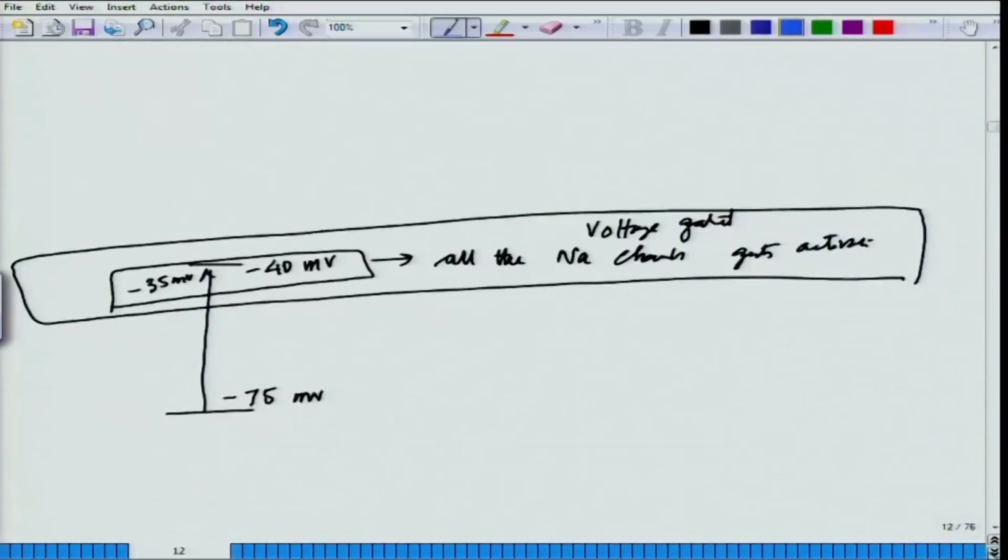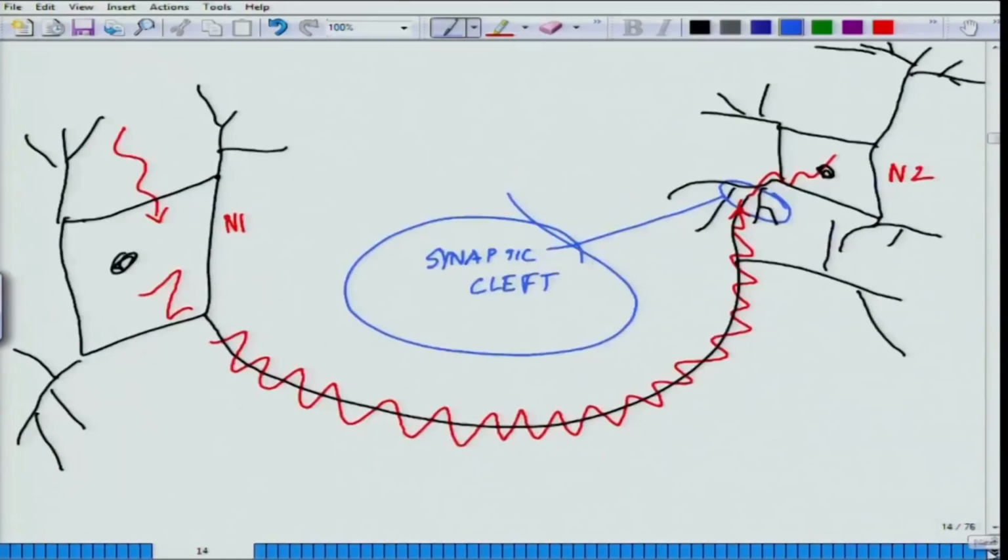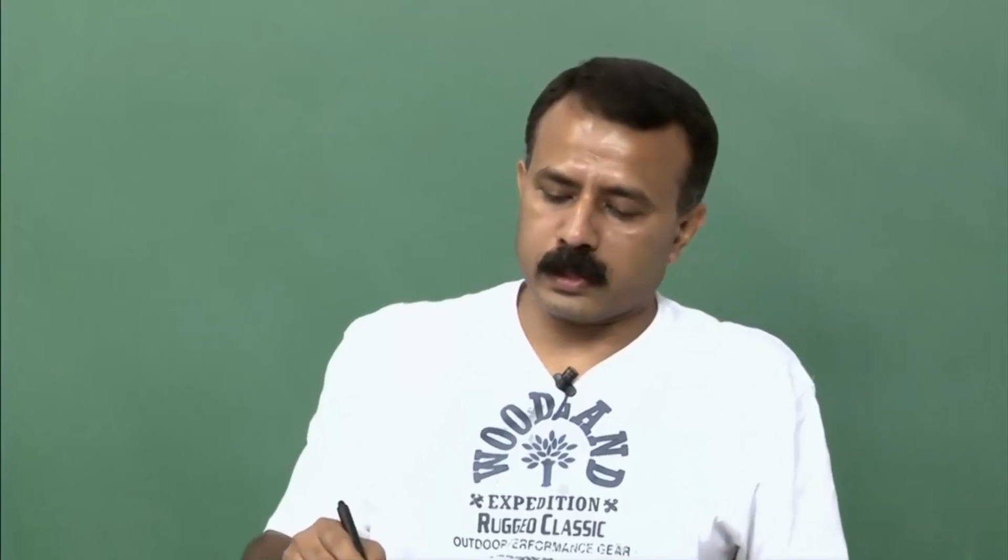So, we will close here in this class, and in the next class we will start with the synaptic cleft and the classification of glia and all other details. Thank you.